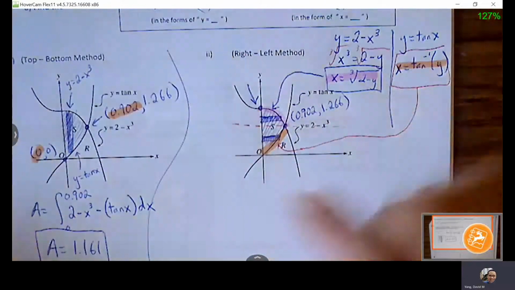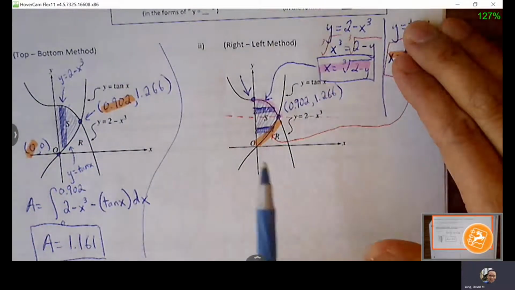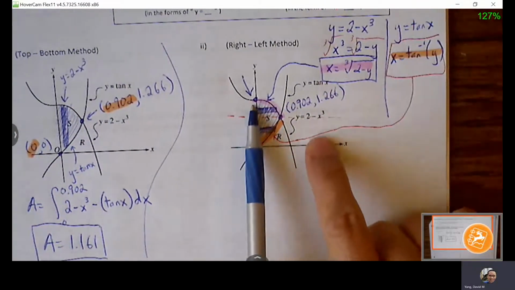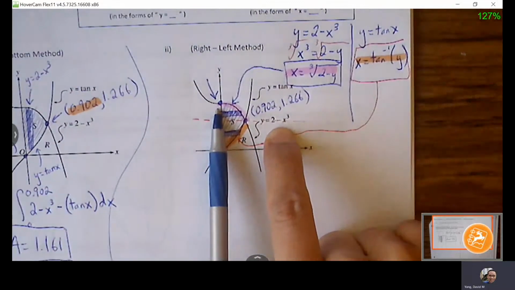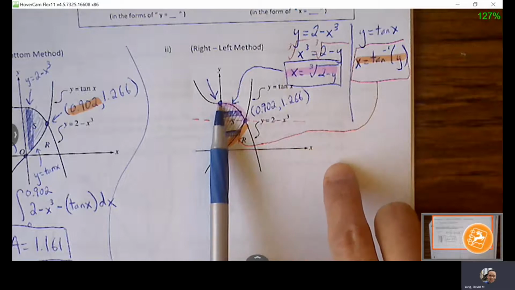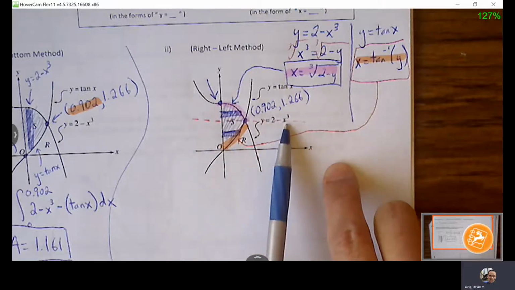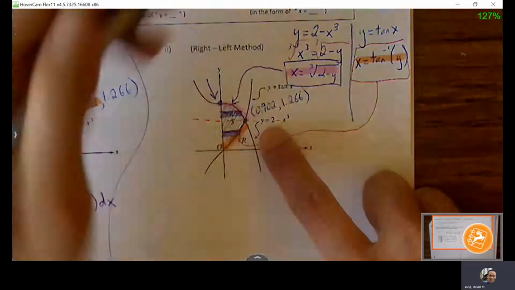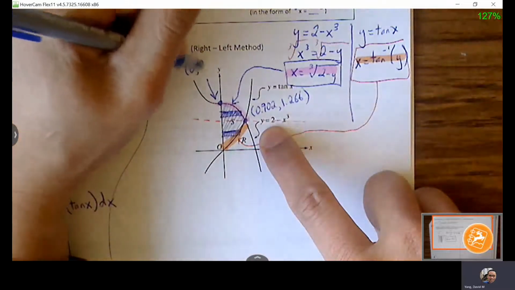Anyone know what the y value is for that point? That's the y-intercept, right? The y-intercept is when the x is what? 0. So if I plug 0 for x, I get y equals 2. So this ordered pair is (0, 2).